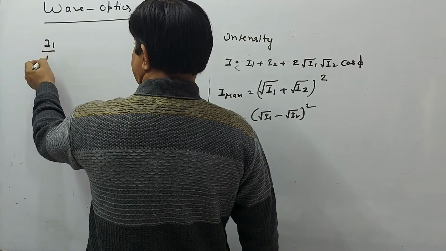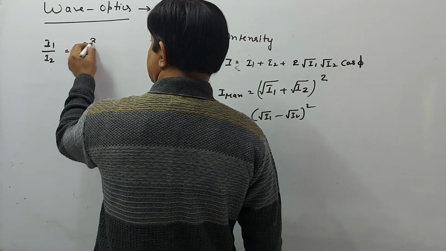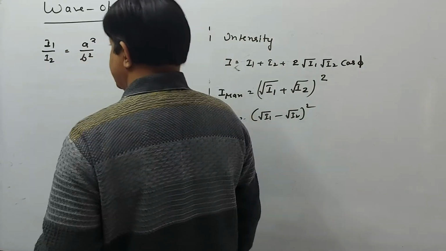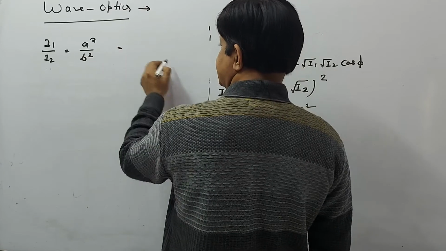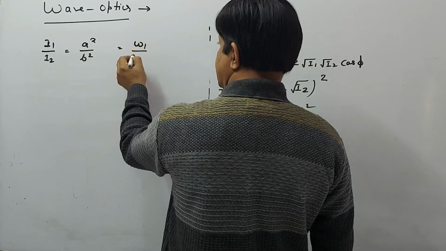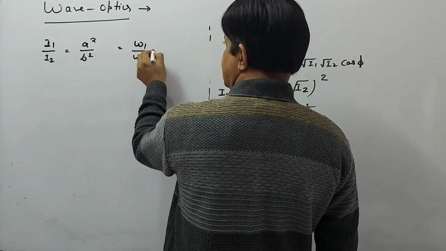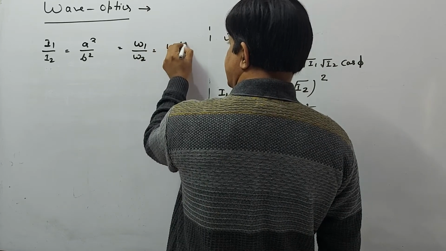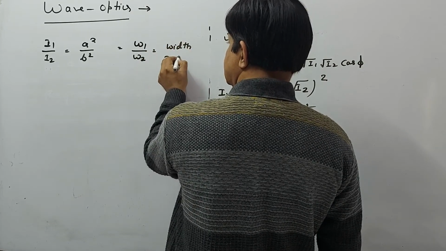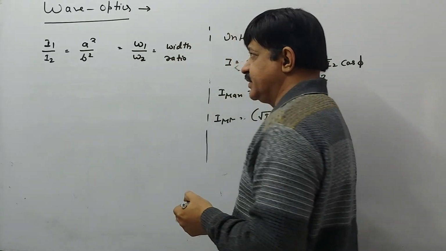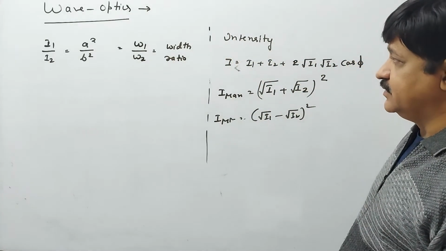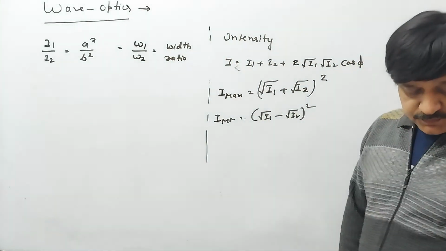I1 upon I2 is a square upon b square, that is W1 upon W2, where W is called width. स्लिट विड्थ के रेशियो के हिसाब से भी I1 upon I2 must be equals to W1 upon W2.